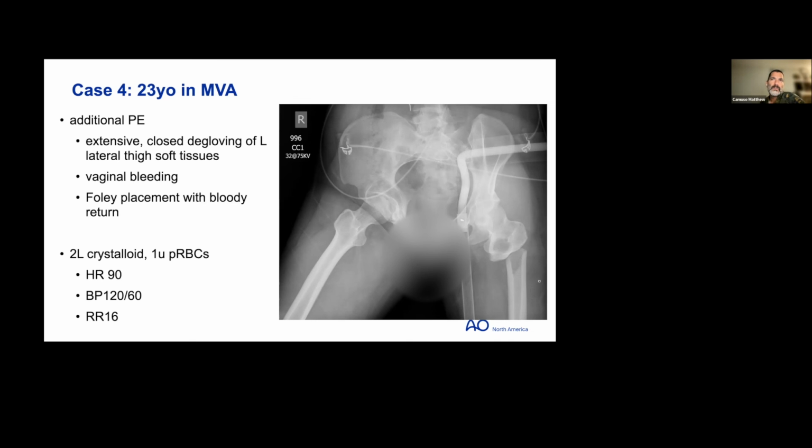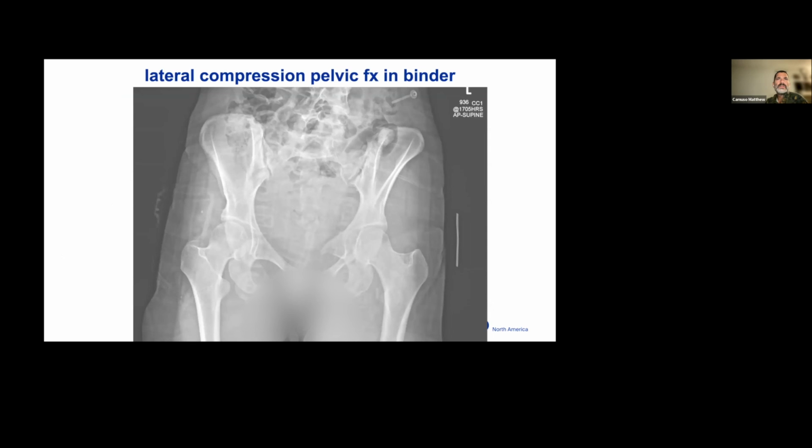At this stage, her vital signs have improved after a couple units of crystalloid and 1 unit of blood. The patient did have a binder applied, and although this isn't a picture of her, this is a picture of a patient with a lateral compression injury with a binder.